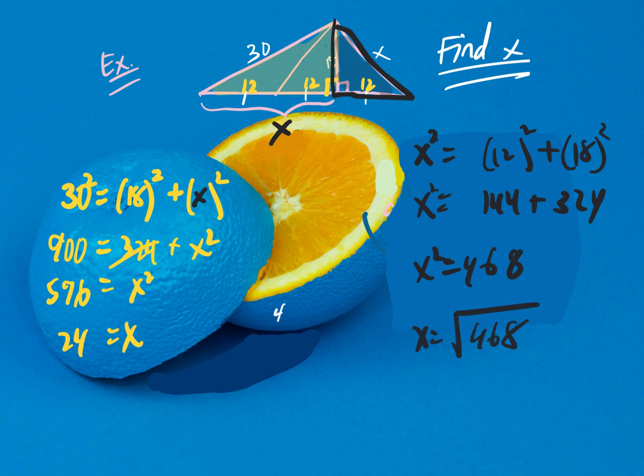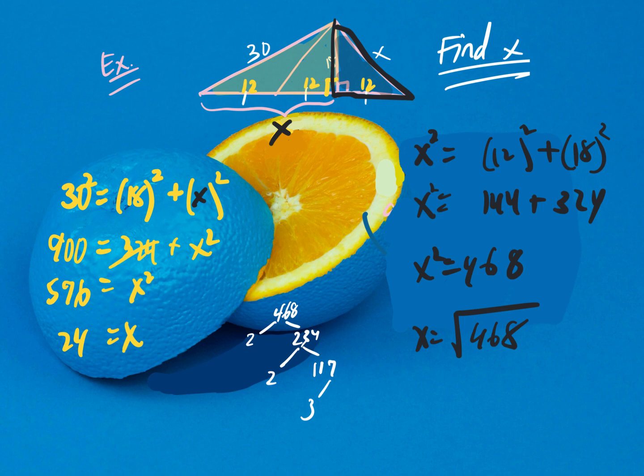Let's take this opportunity to write 468 in simple radical form. It's even, so 2 goes in there 234 times. 234 is even, so 2 goes into there 117 times. 3 goes into there because 7 plus 1 plus 1 is 9, and since 3 divides into 9, 3 divides into 117.